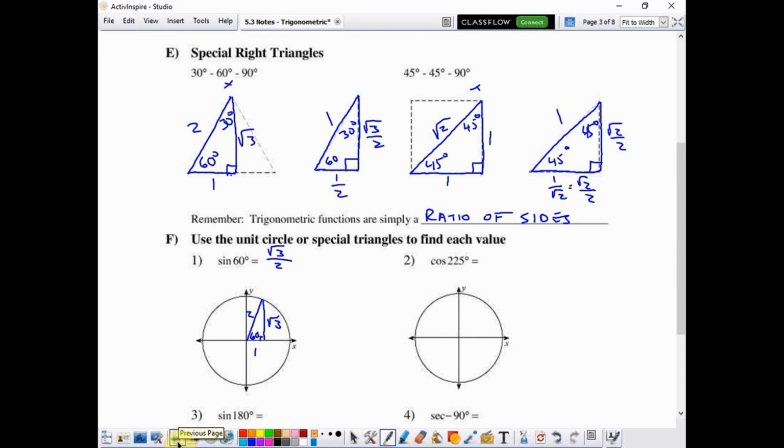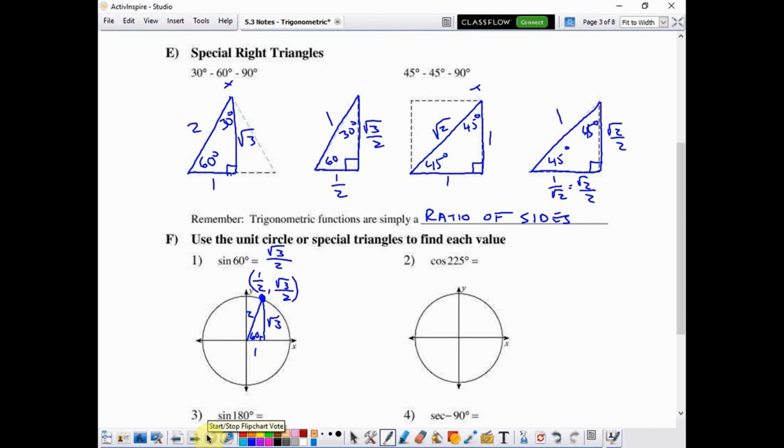Okay, so the sine, by the way, is the y value, so the coordinate right here. So the y coordinate right here would be square root of 3 over 2. Cosine would give me the x value, and that's adjacent over hypotenuse, so it would be 1/2. That would be my x value.